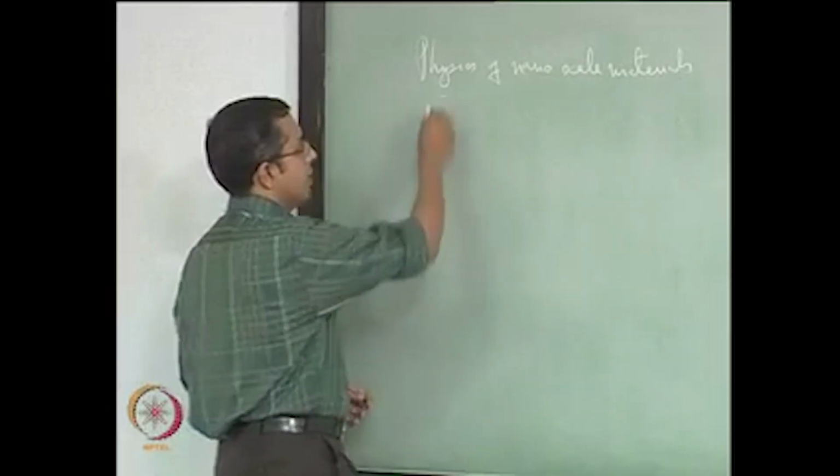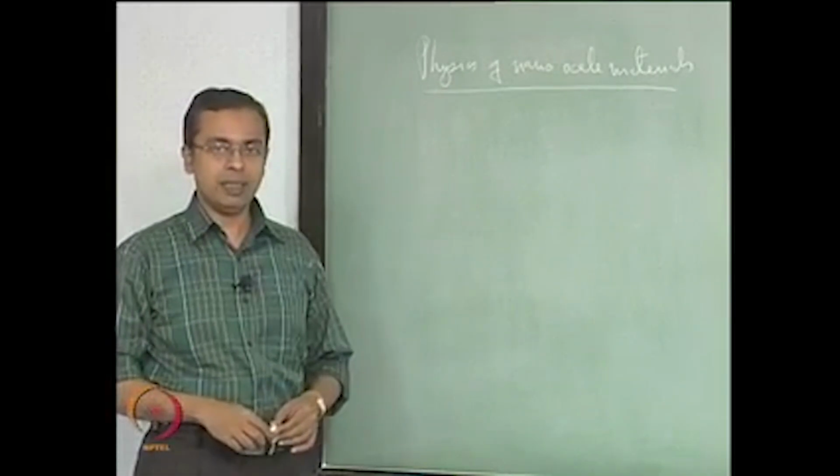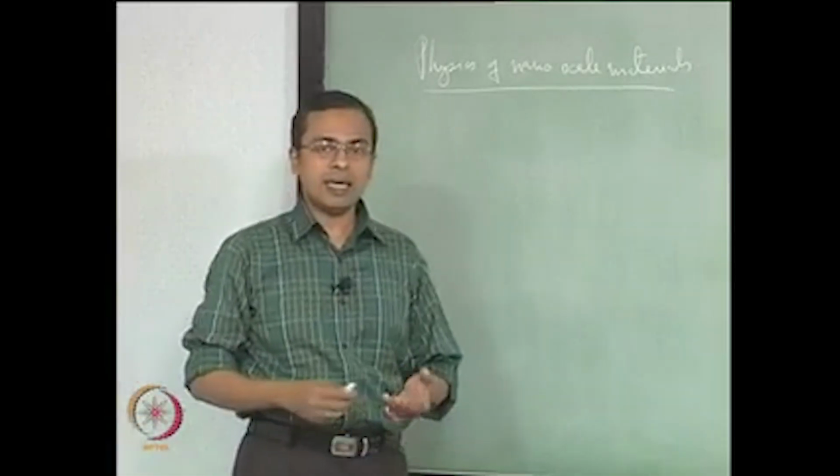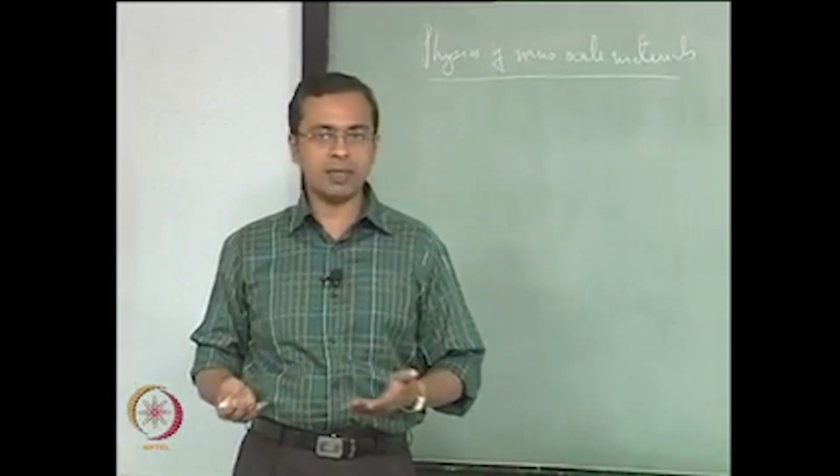Of course, as you know, these days there is a lot of emphasis on nanomaterials in general, the basic idea being that you can get a variety of properties in materials that we are already familiar with.